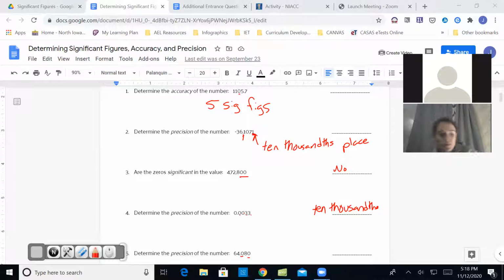This last 0 is at the right of a decimal point. So this time around it gets counted. So sometimes, if it's a whole number, it doesn't count. But if it's a decimal, it does. Tenths, hundredths, this is the thousandth.